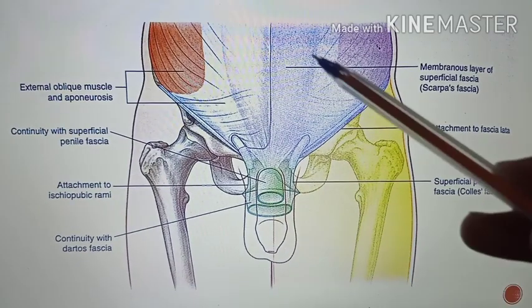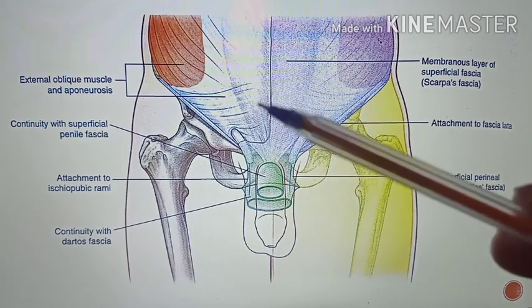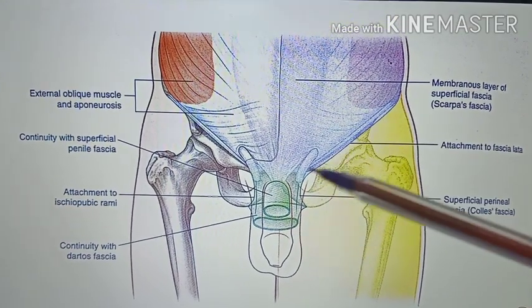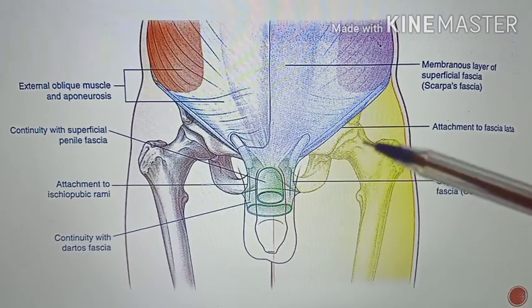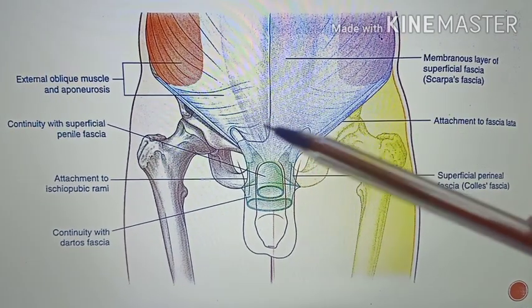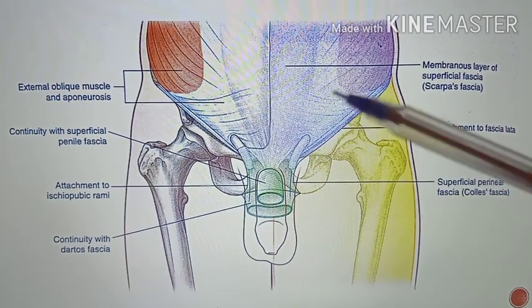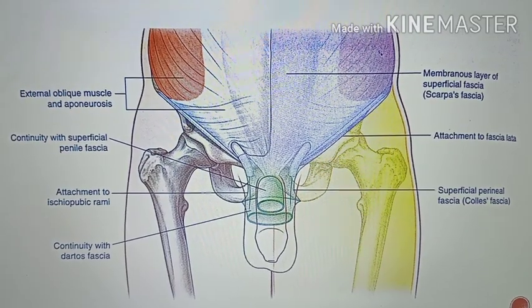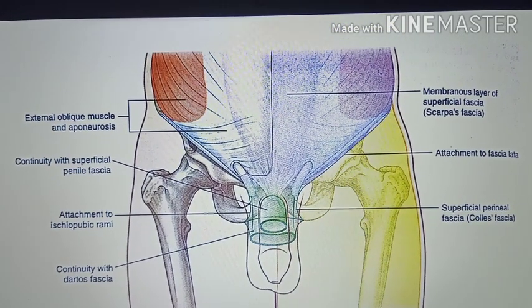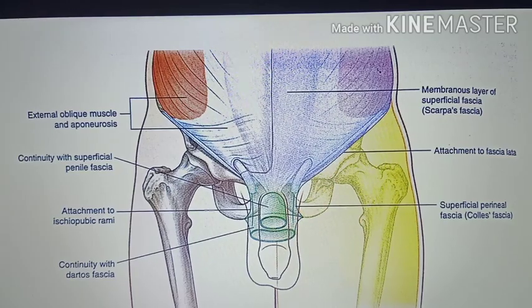This picture is showing the deep membranous layer of superficial fascia, called Scarpa's fascia.